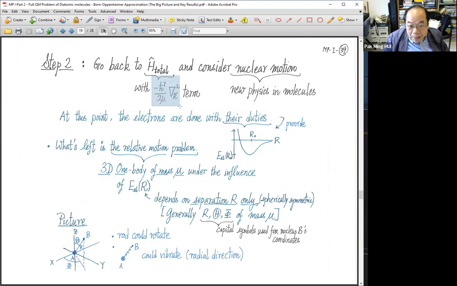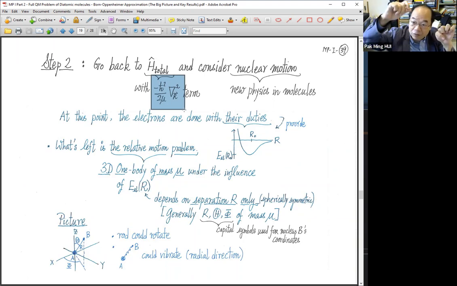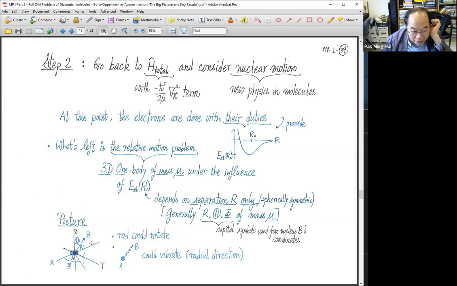It is a three-dimensional problem for the nuclear motion. You are sitting at atom A, seeing atom B with the effective reduced mass moving. Okay, so the situation is A is the coordinate origin, B is here.